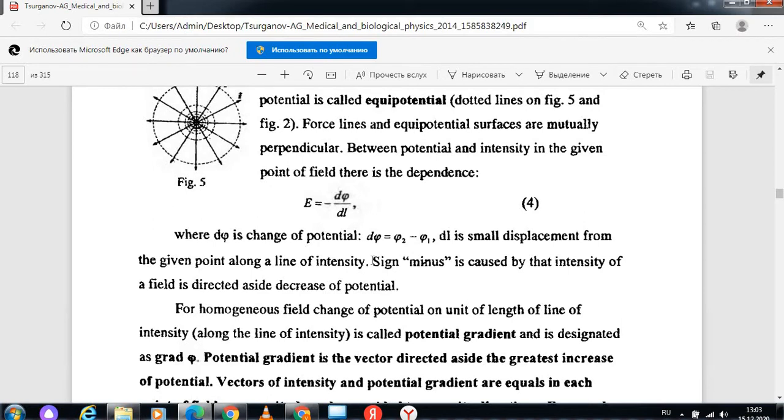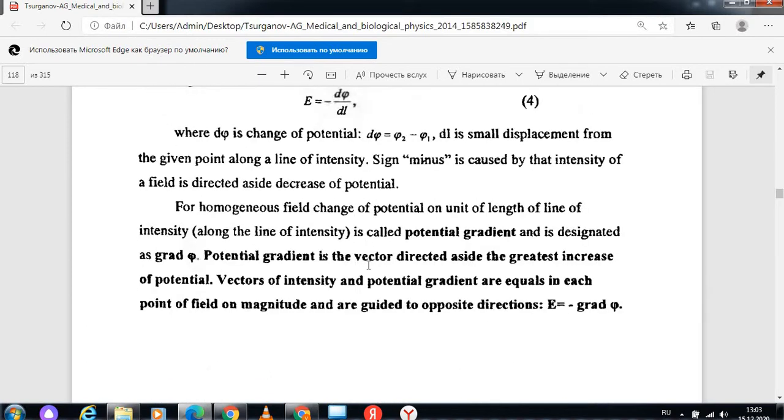The potential gradient is a vector directed toward the greatest increase of potential, always. Yes, directed toward the greatest increase of potential. The vector of intensity and the vector of potential gradient are equal in each point of the field in magnitude and are directed in opposite directions.